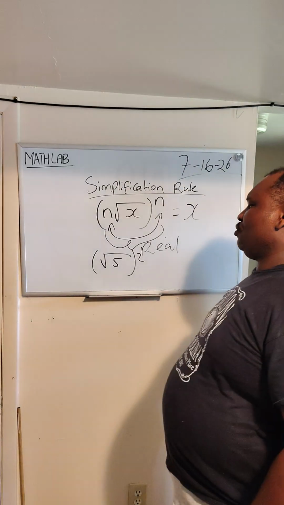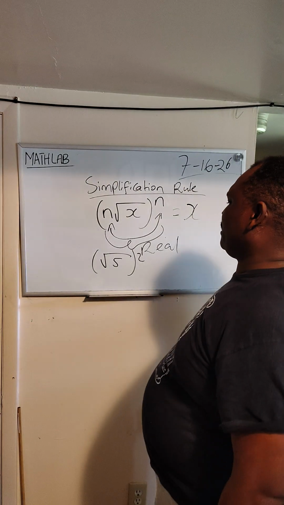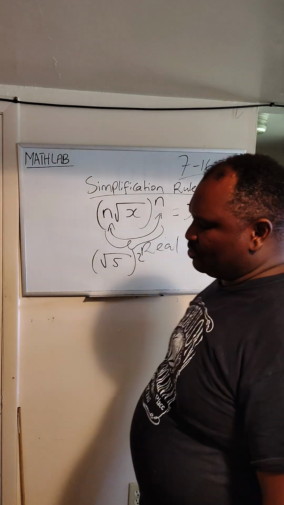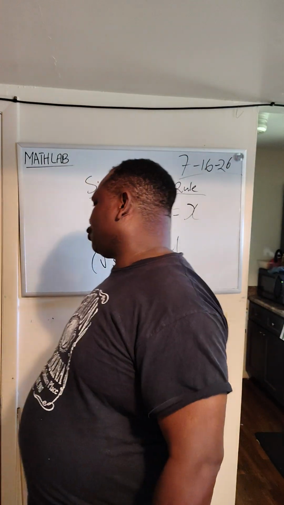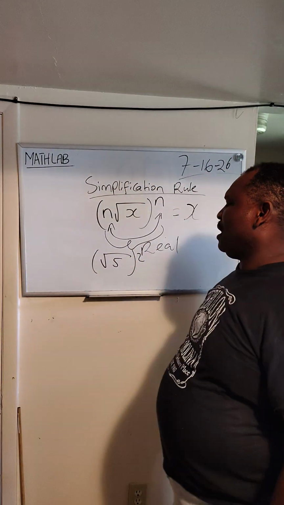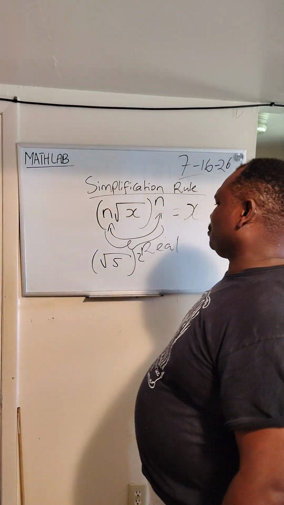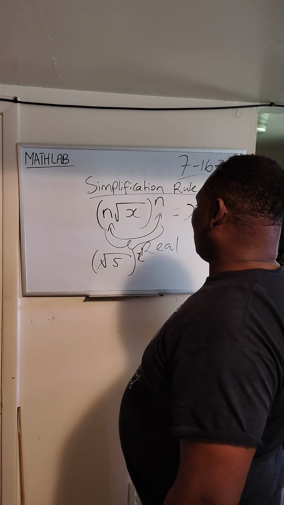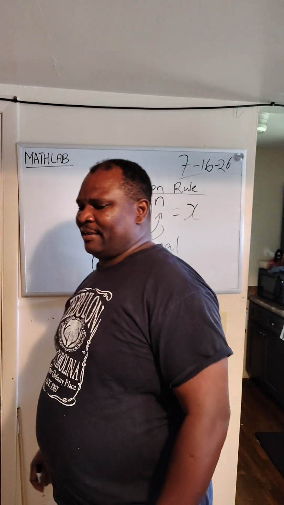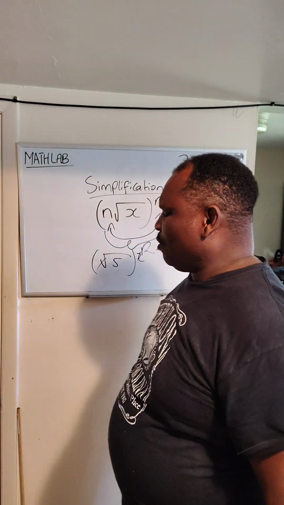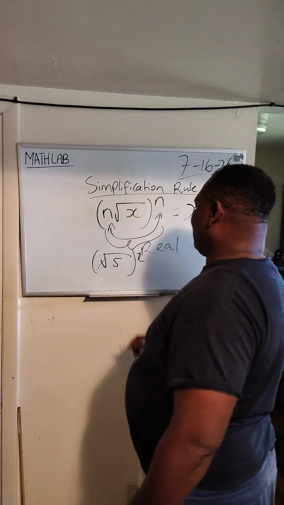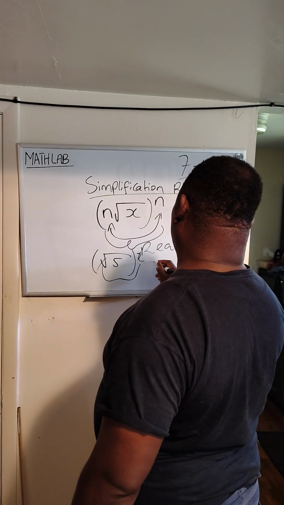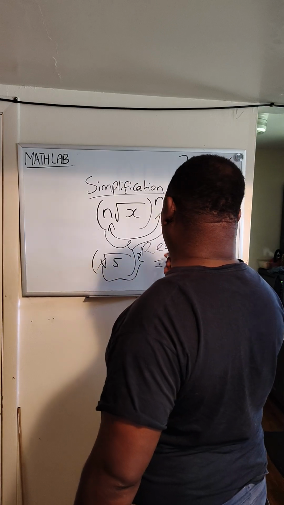Remember that the tail is always considered 2. There is an invisible 2 at the tail. This tail is going to cancel with the number 2. Just like we did earlier, this is now equal to 5.